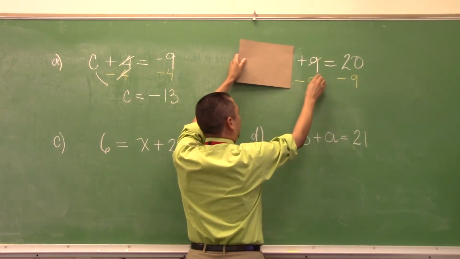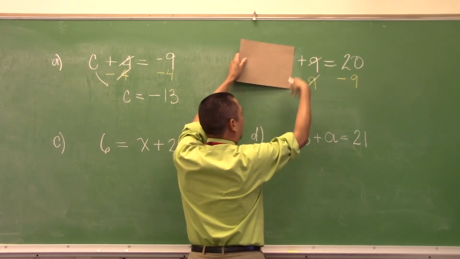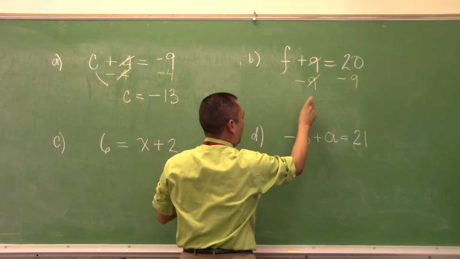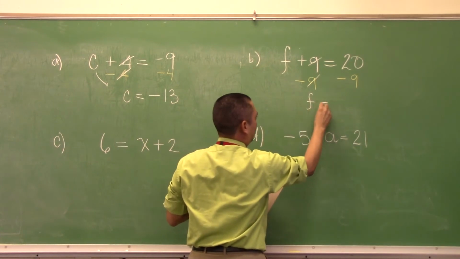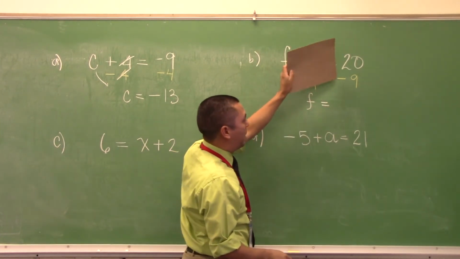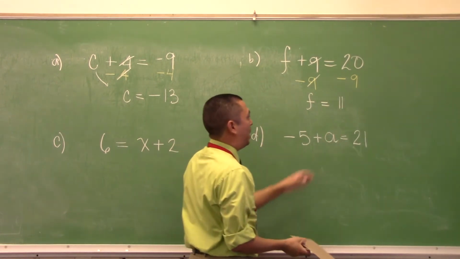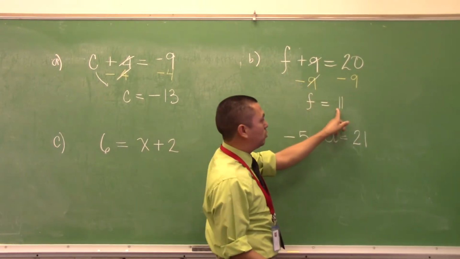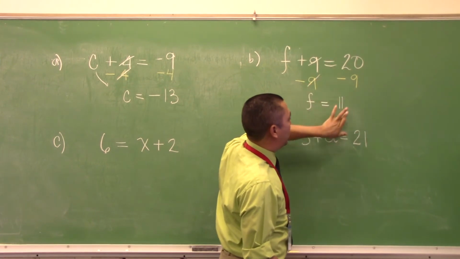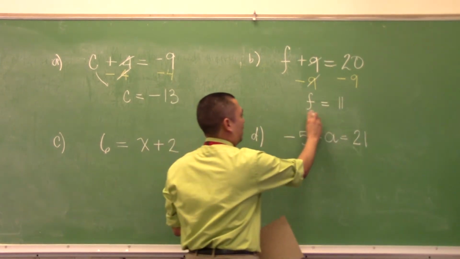So cross out this operation. This 9 minus 9 is 0, so they go away. Drop the f. f equals 20 minus 9, which equals 11. In this case, 20 is bigger than 9, so my answer is going to be positive, and 20 minus 9 is equal to 11.